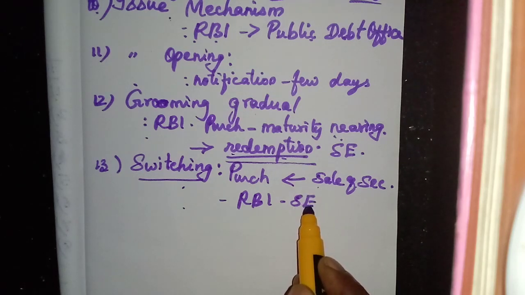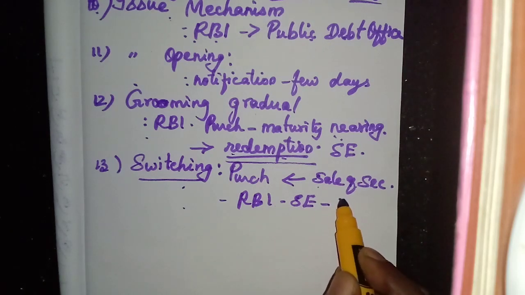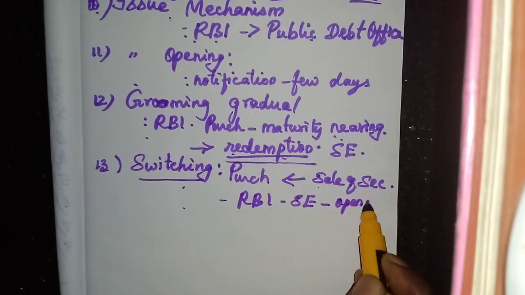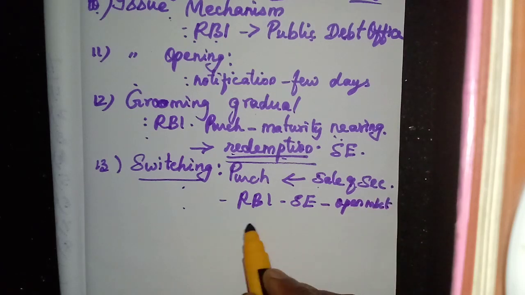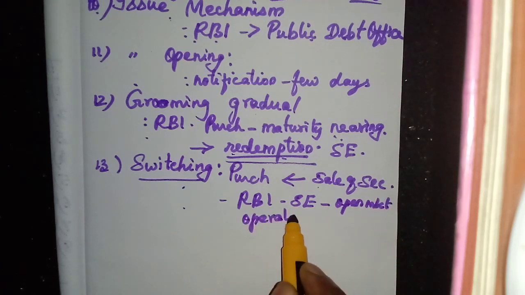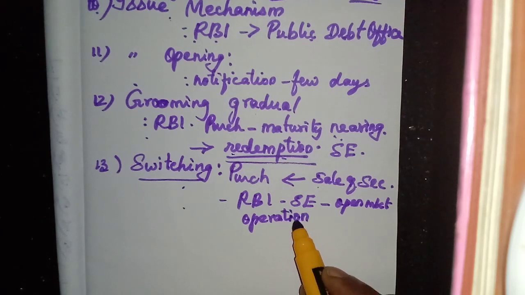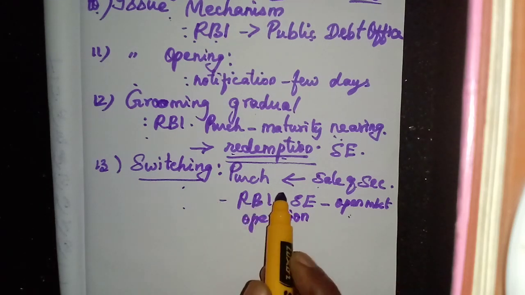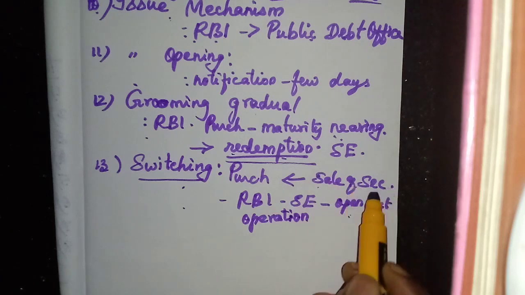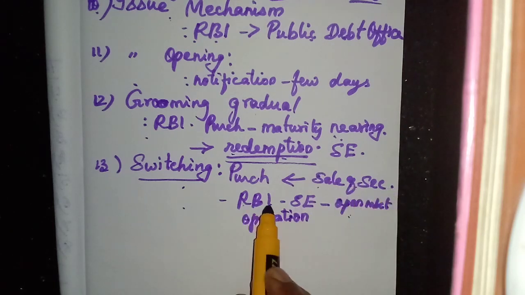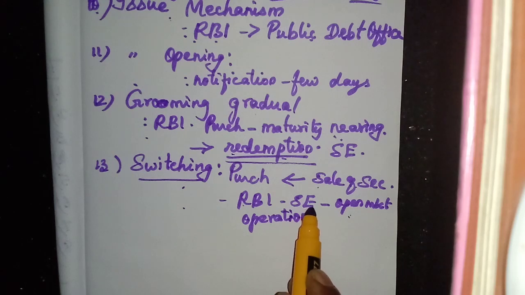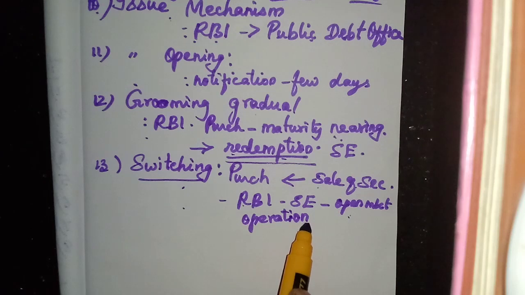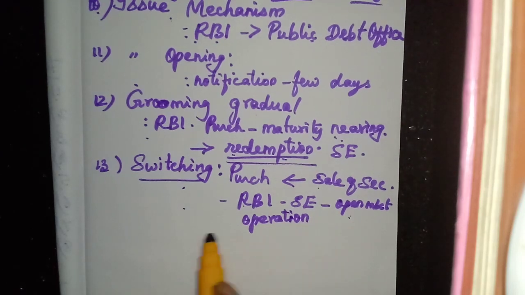It is part of open market operations. Purchase of one security against the sale of another security carried out by RBI in the secondary market is called switching.